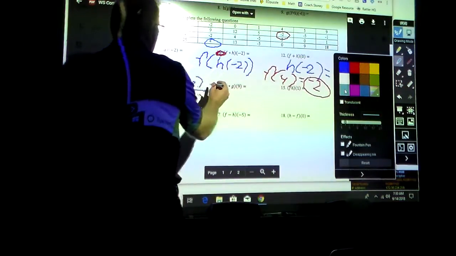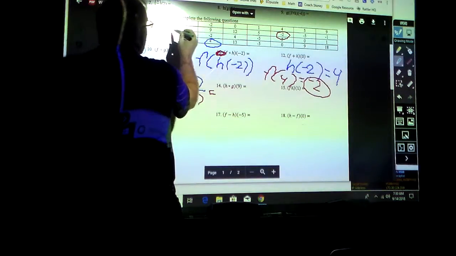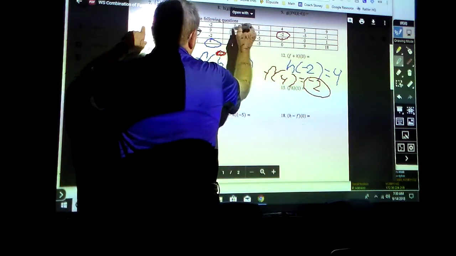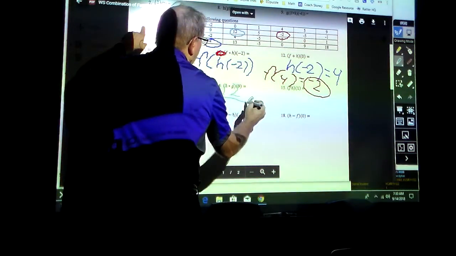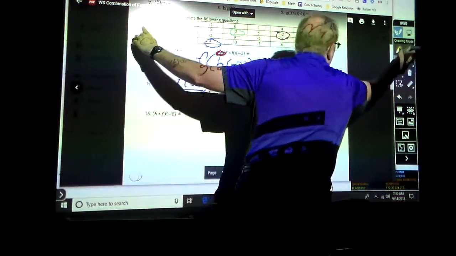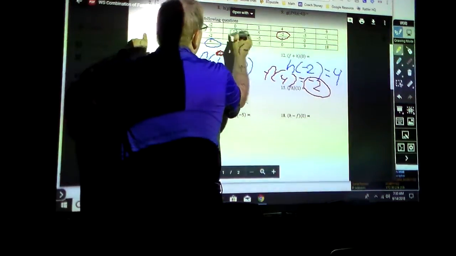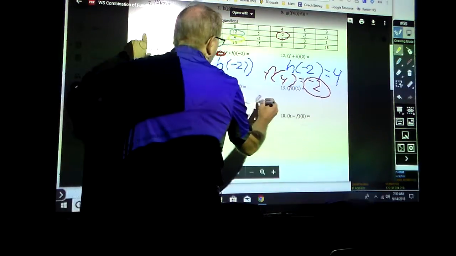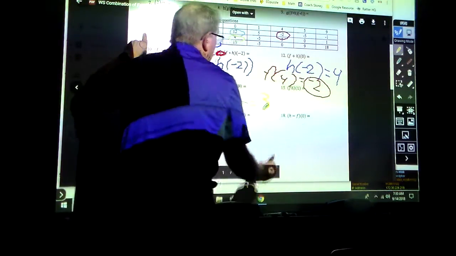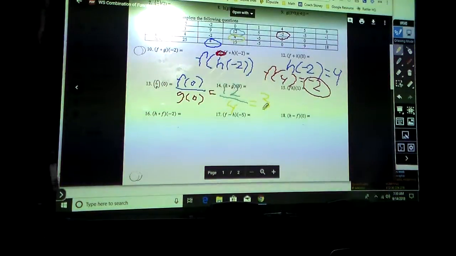So f of 0 will equal, here's my f, going to come all the way over here to 0. So f of 0 will be 12 divided by g of 0. Well, g at 0 is 4. So 12 divided by 4 is 3.